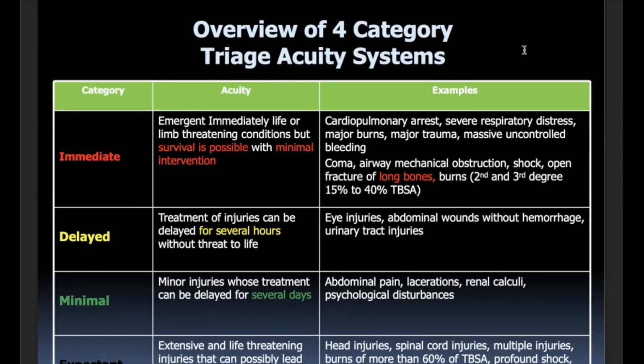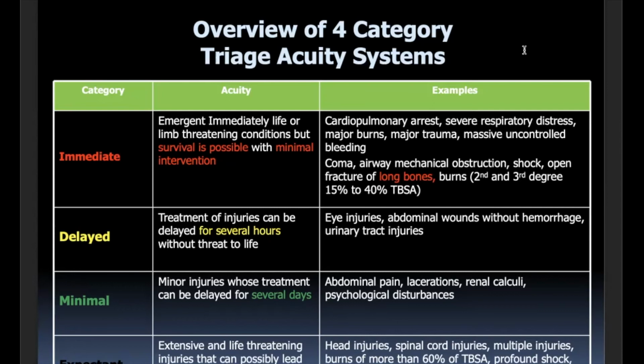Please read this part. Okay, in terms of delayed, this one is colored yellow. Treatment of injuries can be delayed for several hours without threat to life. So these are the patients with compensated physiology but a significant potential for deterioration or morbidity if there are long delays before definitive care can be provided.